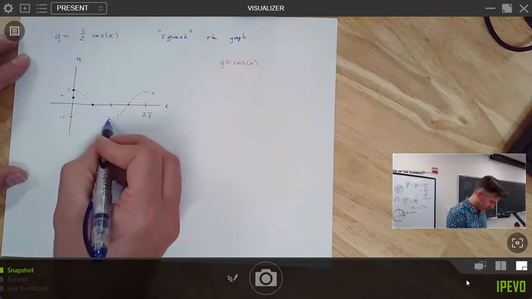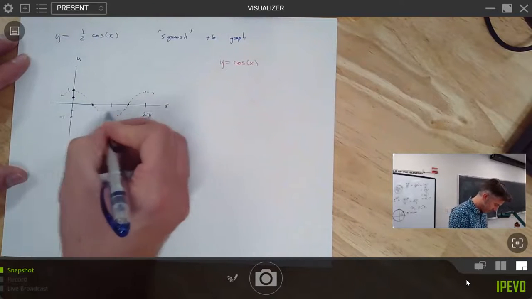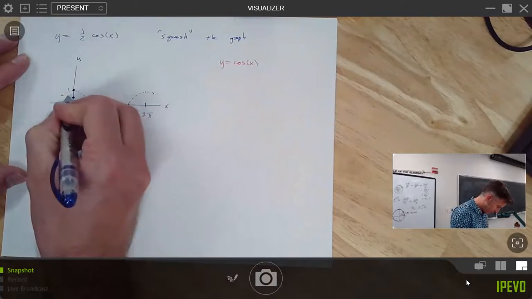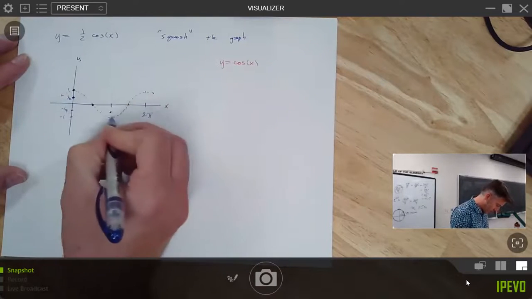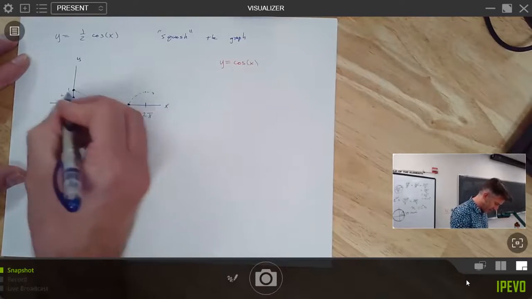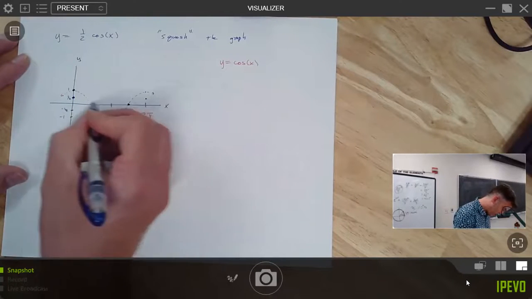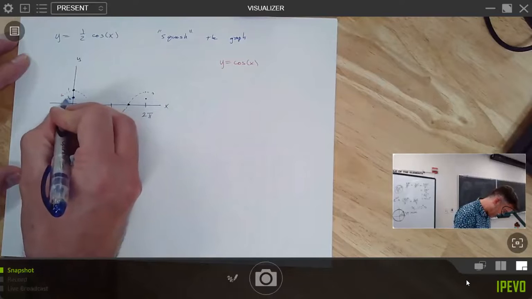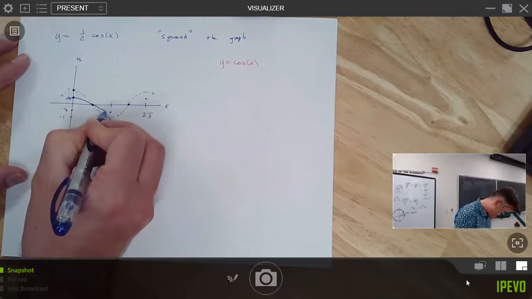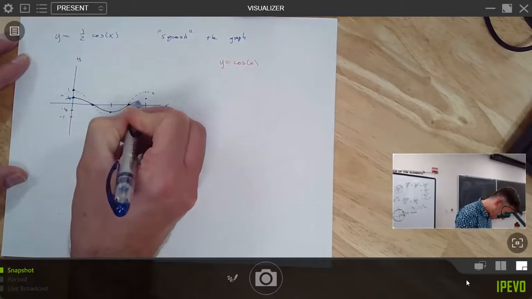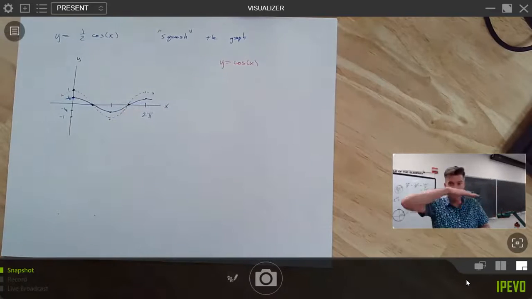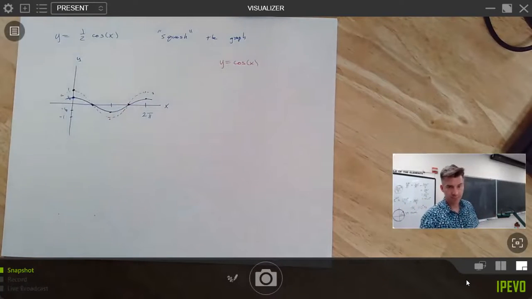And at the next one, half of -1 is -1/2. And the next one, half of 0 is 0. And the next one, half of 1 is 1/2. So it definitely looks like I took my original graph and I just kind of squashed it down like that.